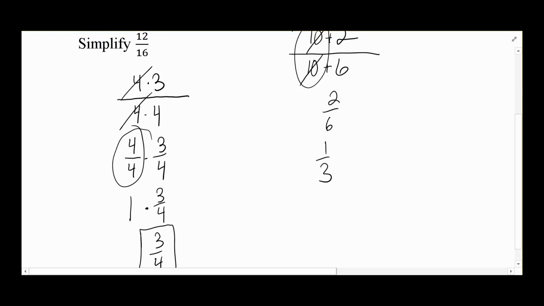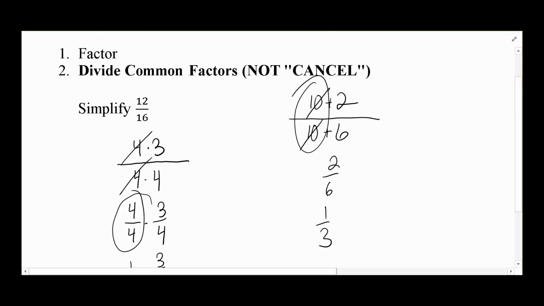It had to be multiplication for that to work. Addition doesn't work that way, so we couldn't have done it if it was addition. It only worked because it was multiplication. And then the 4 over 4 was 1, and 1 times anything is itself. Now the fact that this is addition over on the right side makes it so that what I did there is just straight up wrong. It's illegal. You can't do that.